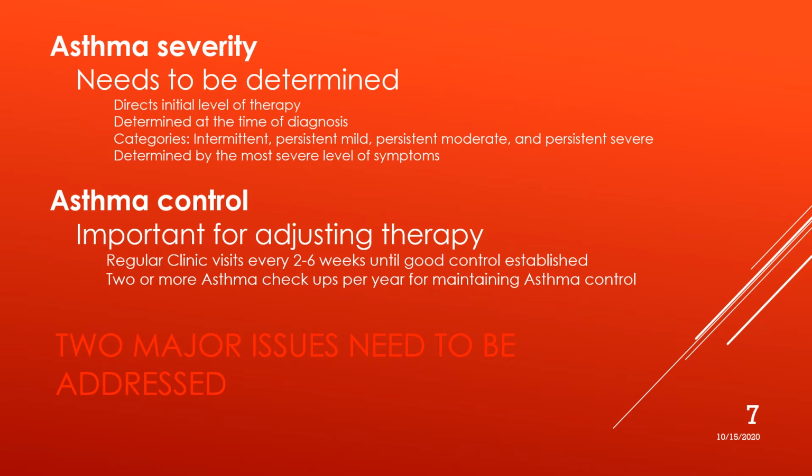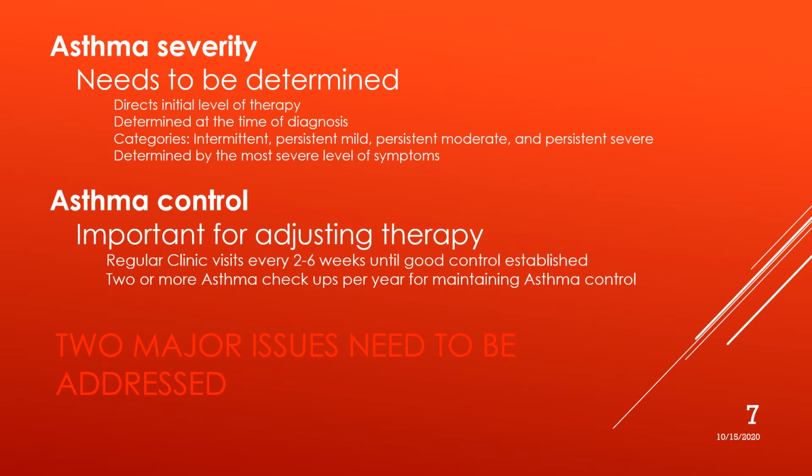So we now know what asthma severity is. It needs to be determined by the doctor, and this is done on your initial meeting with the doctor. The second thing, once you have a severity level, you need to get medications to keep you under control, and this is what we call asthma control.